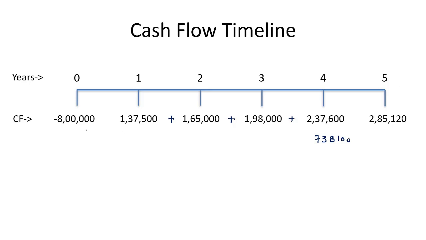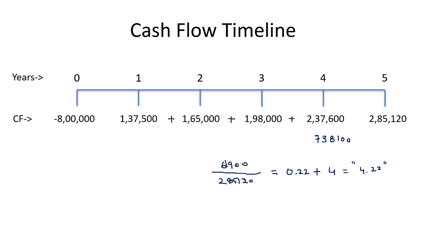The difference between 8 lakh and 738,100 is 61,900, divided by our year 5 cash flow of 285,120. This is 0.22, plus we have 4 complete years. So we have 4.22 as the payback period for this scenario.